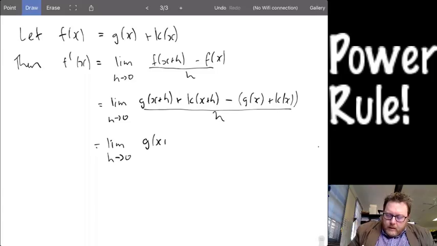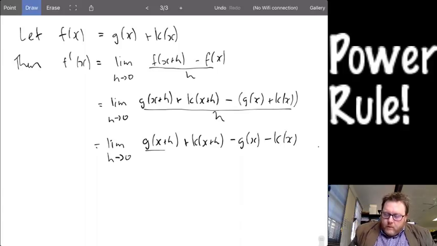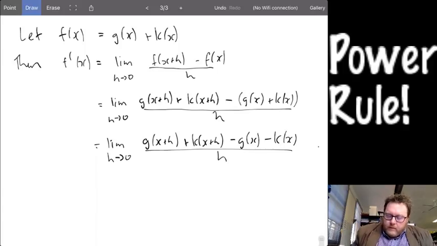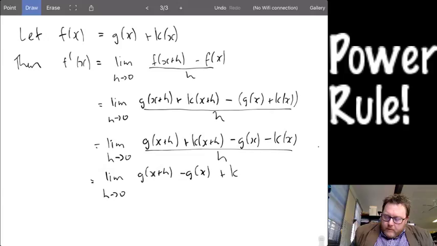That's the limit of g of x plus h plus k of x plus h minus g of x minus k of x all over h. So I've just taken that negative into the brackets. And now if I just reorder this, you can probably see where we're going with it. The limit as h approaches 0 of g of x plus h, just reordering it, minus g of x, plus k of x plus h minus k of x, all over h.